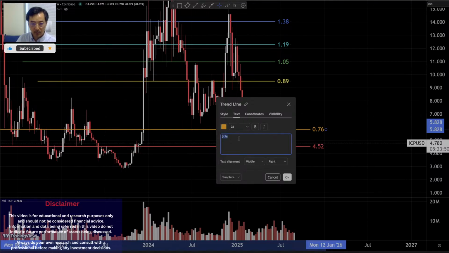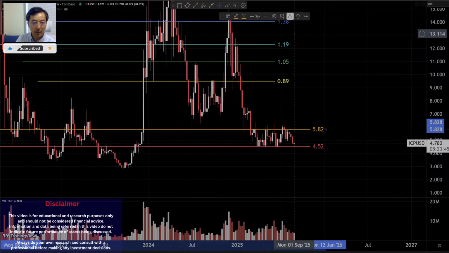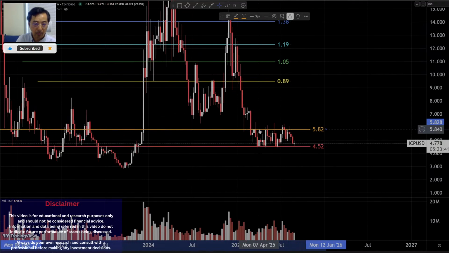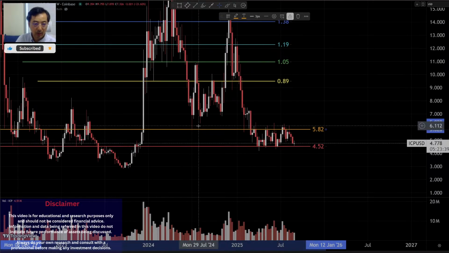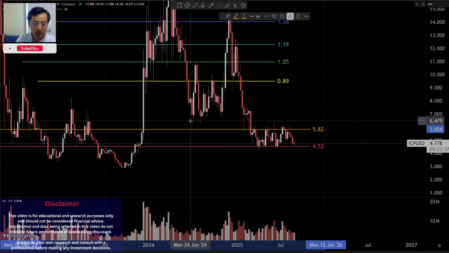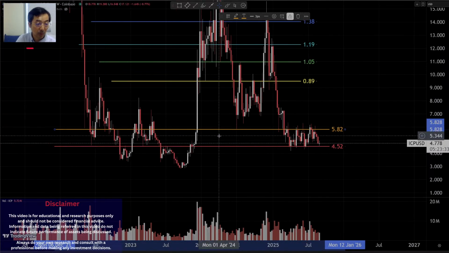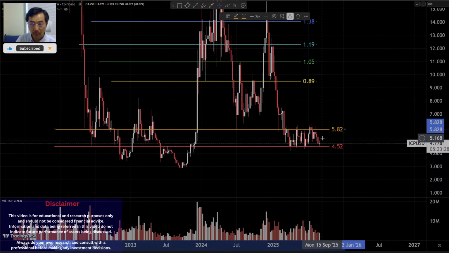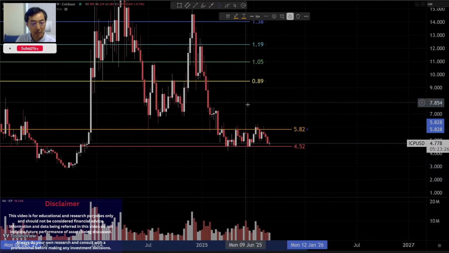The text, I want to change it to 5.82. Okay, let's lock it. Once again, a couple of peaks over here. There are already more than enough reference points just from June 2024 all the way to now. There are obviously more on the left side that we can see. So that's where it should go.